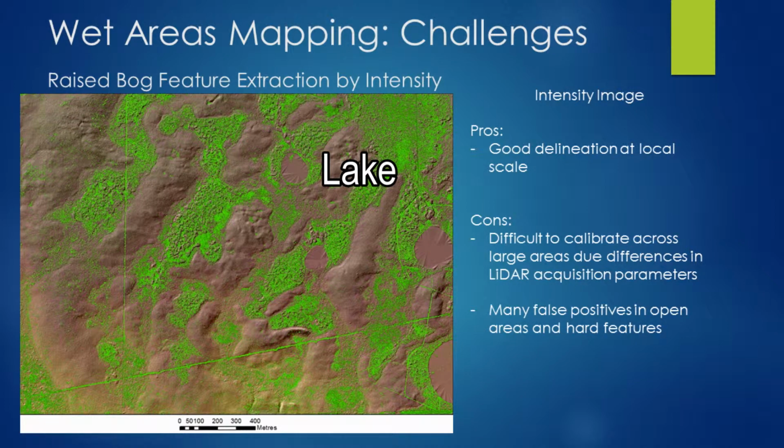This is an open water feature. So the intensity value associated with that open water feature was different than the intensity value associated with these wetland features. And oftentimes those can be very noisy as well, because we'll have either total absorption or total reflectance, because it just bounces off somewhere else. So intensity values for open water features can be kind of problematic.